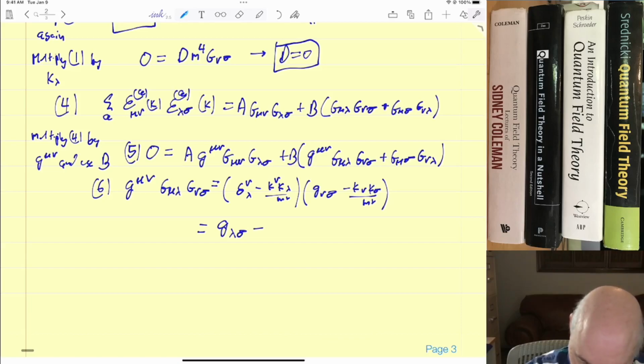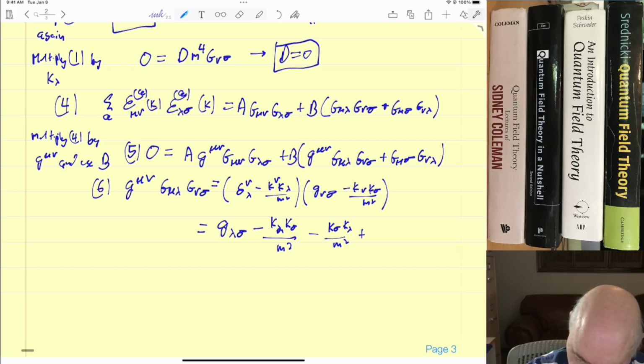Now I get minus k lambda k sigma over m squared, minus k sigma k lambda over m squared, plus, I'm going to have m to the fourth, but k nu k nu is m squared.